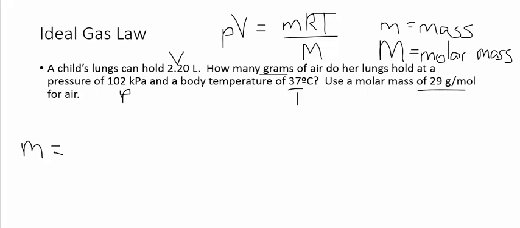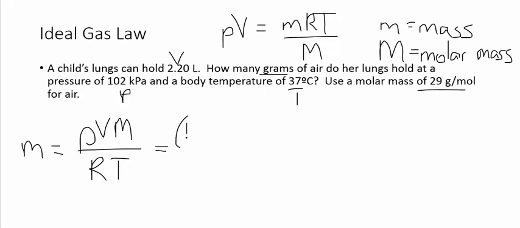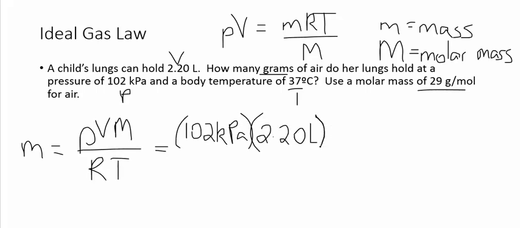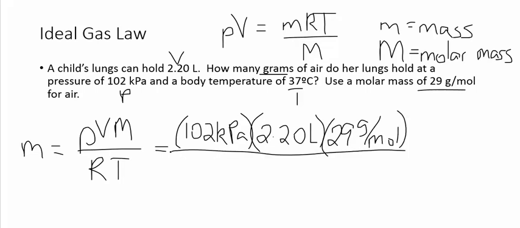And so I would do some algebraic rearranging, and this is what it would look like if I'm solving for mass. So I take my pressure in kilopascals, 102, my volume, and my molar mass, 29 grams per mole, divide by RT, R 8.31 liters kilopascals per mole Kelvin.